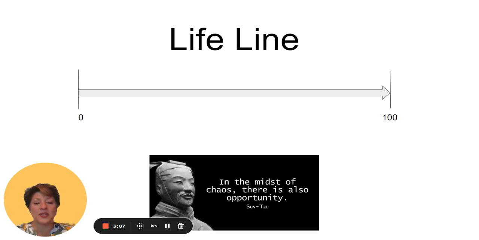The next thing I want you to do is think about the year in which you would like to retire. For some of you that may be 55, 65, 70. Please go ahead and put a vertical line, and on top put an R for retire, and underneath the age at which you would like to retire. For those of you that like to ask a lot of questions, what do I mean by retire?